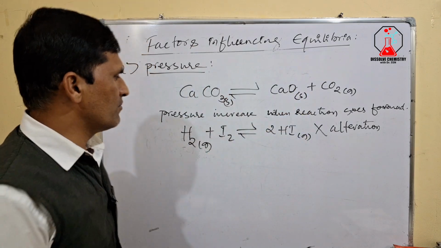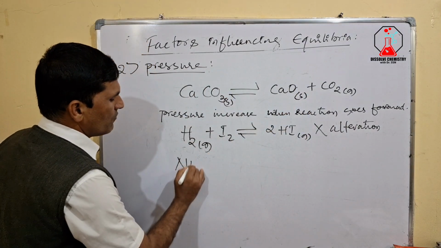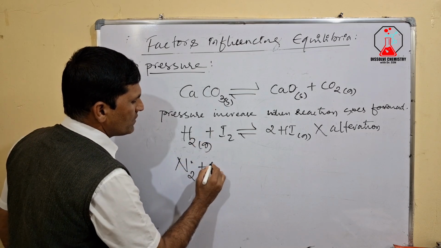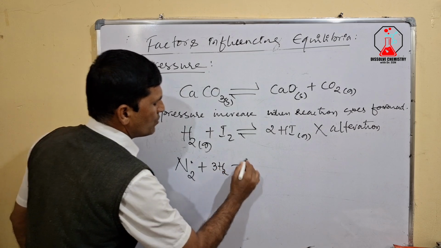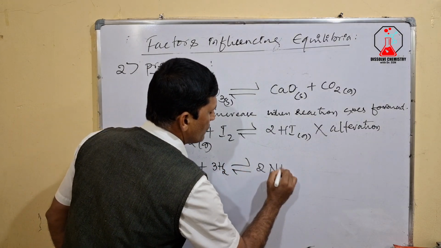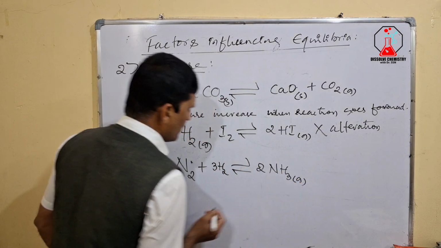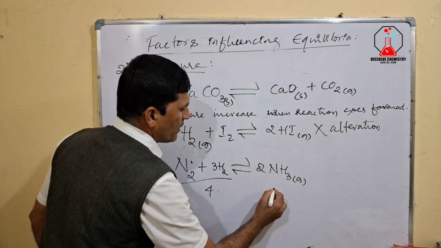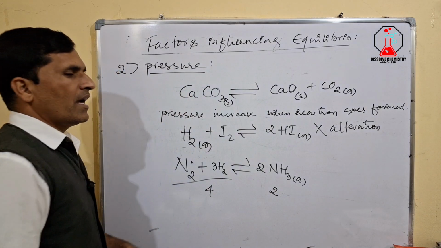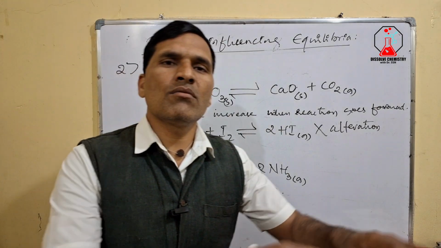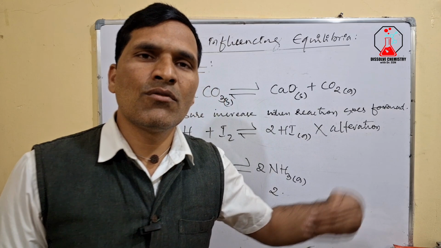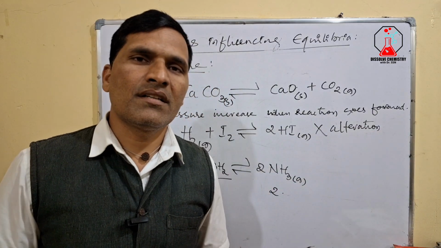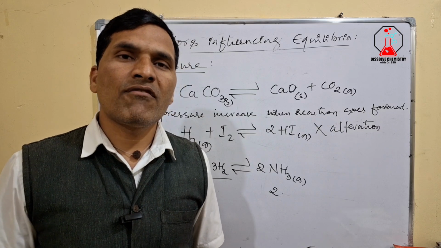Now suppose you take the formation of ammonia, N2 plus 3H2 to give 2 moles of NH3. Now you see the number of moles of reactants is 4, and the number of moles of products is 2. So as the reaction progresses in the forward direction, pressure goes on decreasing.